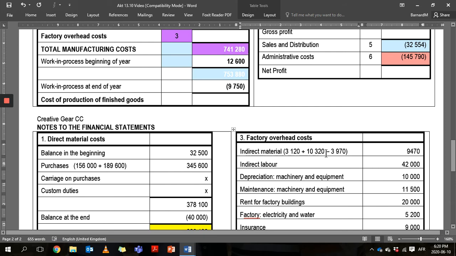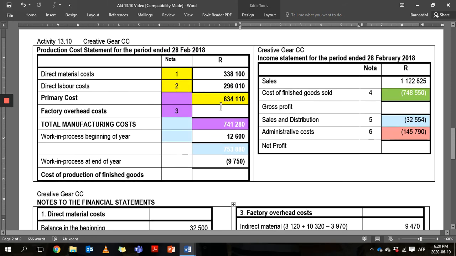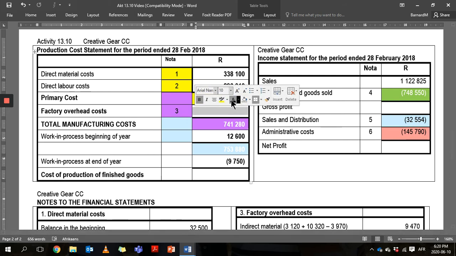I will subtract the final balance, and that gives me an amount of 9,470, which is the amount that I used in the factory for indirect material. I can then add all of that, which gives me a total of 107,170. And that amount then goes to factory overheads.